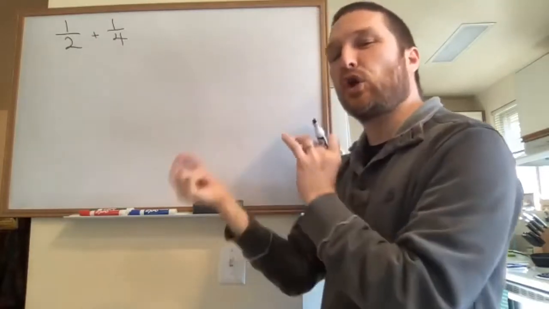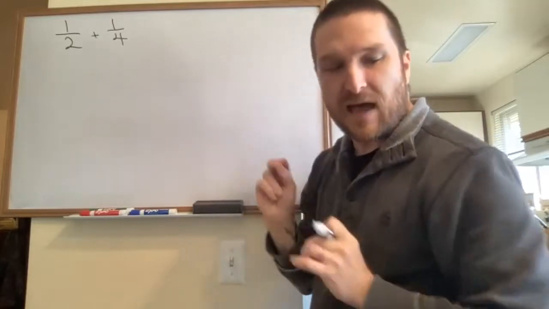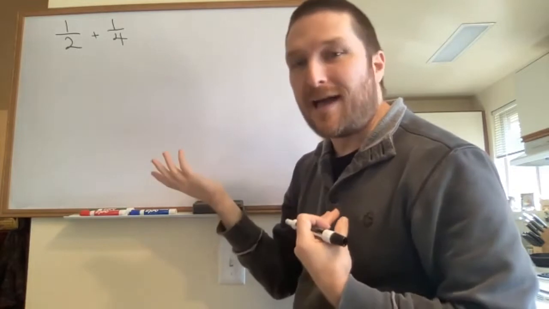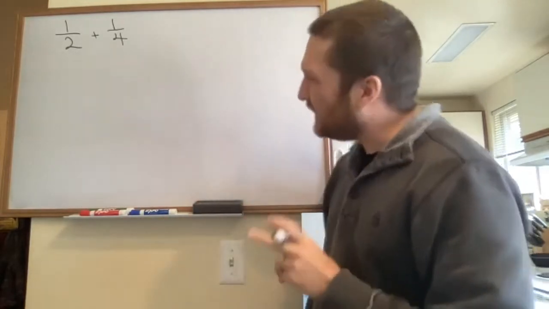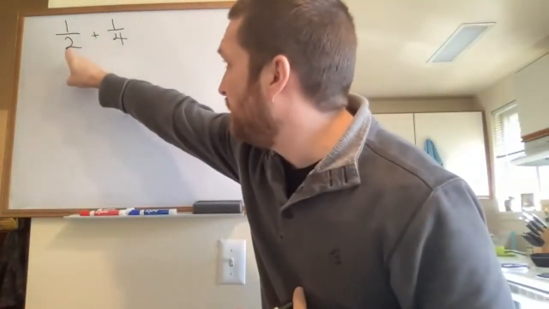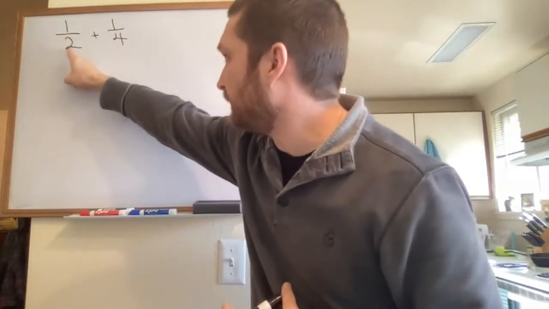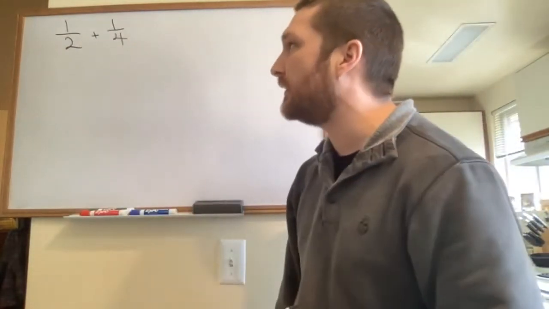I want it to look different, but I don't want to change the value. And what I want to do personally right now is get a common denominator. I look at this and think, well, if I could multiply this number right here by 2, I would have a common denominator.